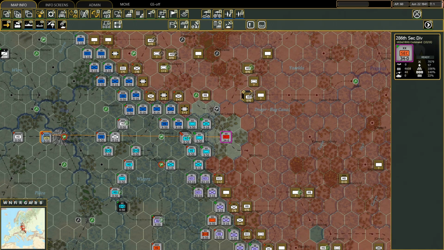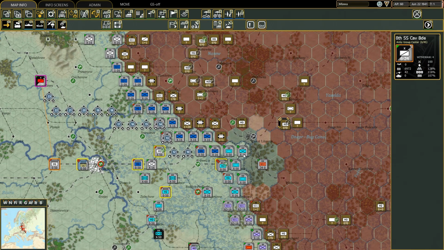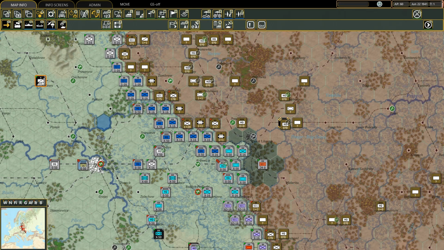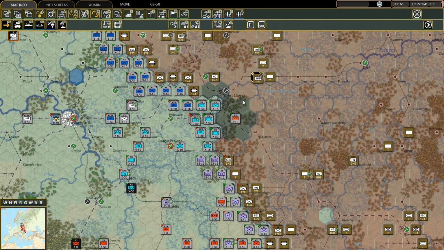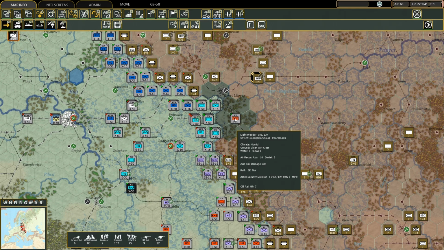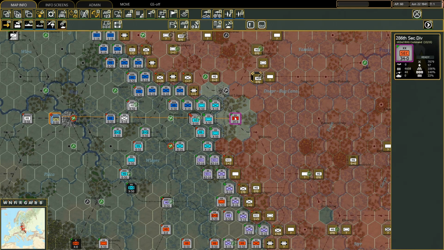And also the security regiments, like this one here, can exert a zone of control, while all the German divisions and I think even the brigades have a zone of control. Imagine that these hexes are controlled by this division, because imagine this division sending out patrols in all the surrounding directions, and these patrols are reclaiming control of these hexes, and this is called the zone of control.